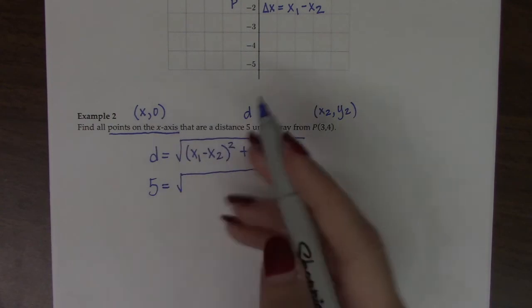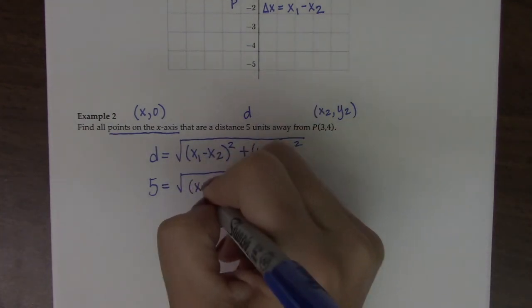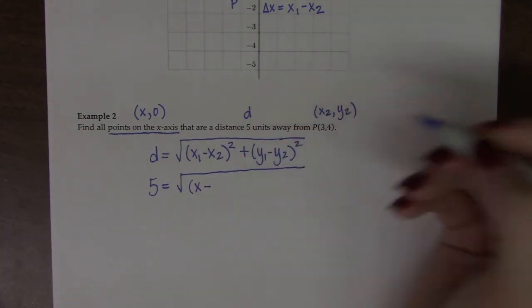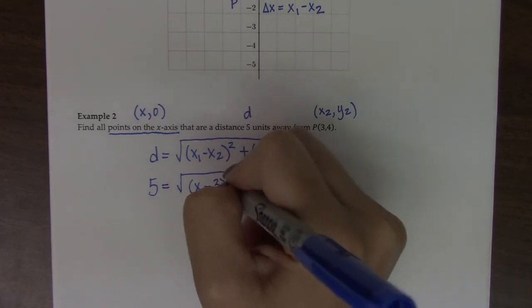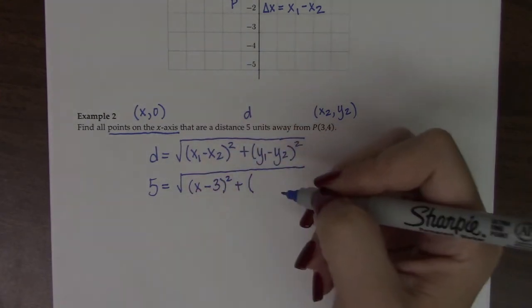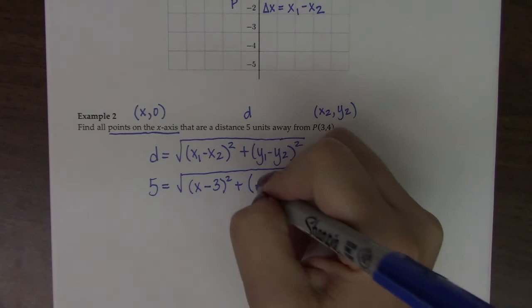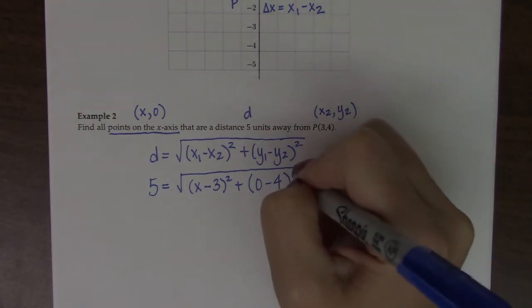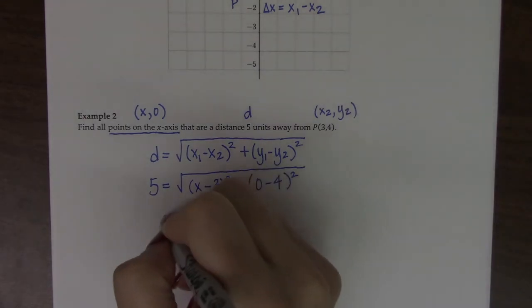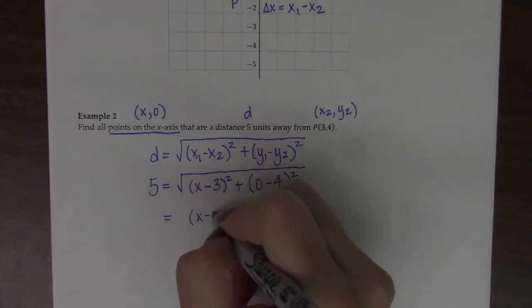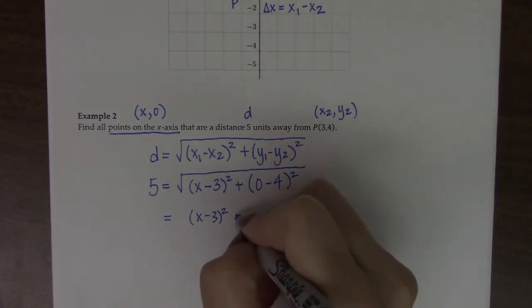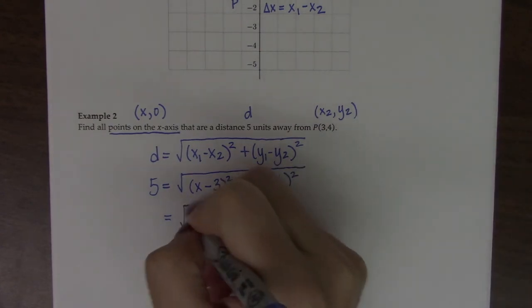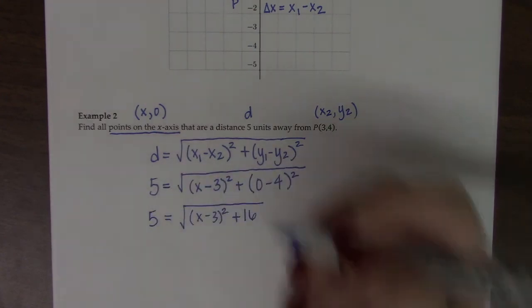Point 1, its x-coordinate is just x. Point 2, its x-coordinate was 3. Then the y-coordinate of our first point is 0, and the y-coordinate of our second point is 4. So now what I have is x minus 3 squared, plus negative 4 squared, which is 16, and this equals 5.